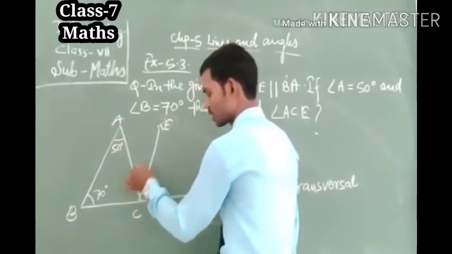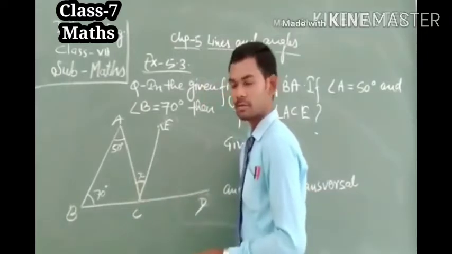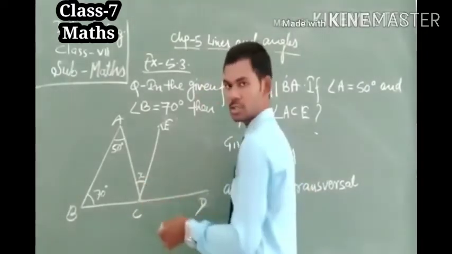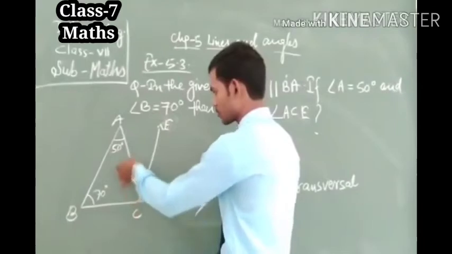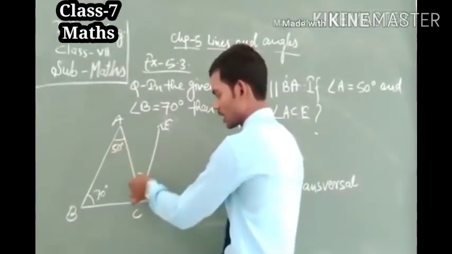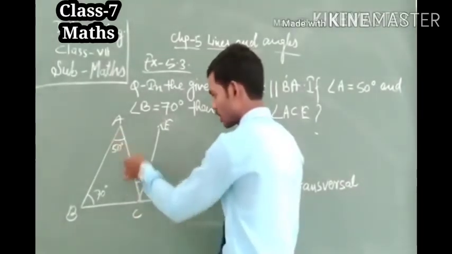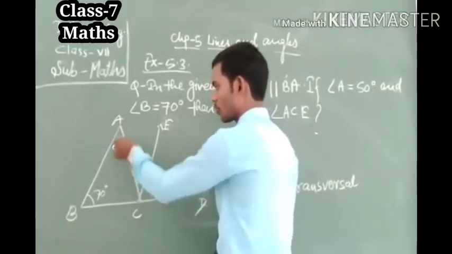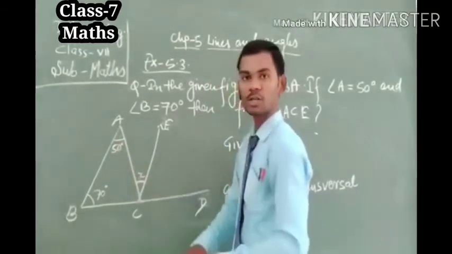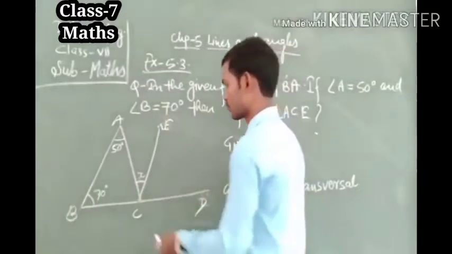Just suppose that this angle is x. Then according to the definition, we see the two angles 50 and x. In both angles, one arm of each angle is on the opposite side of the transversal.